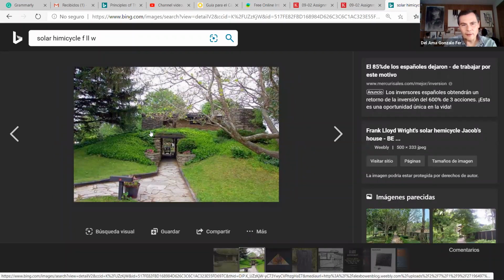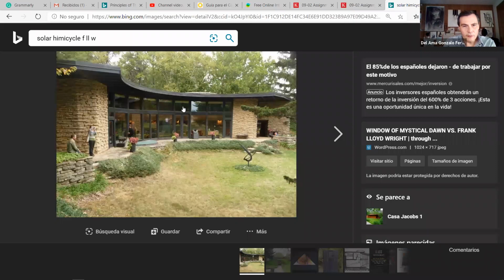On the north elevation, the house is even buried. It has small openings, and the northern wall is not a wall itself. It's just the soil that goes up and covers the house. But then the southern side is like this, with this overhang and a large window here. I think this house summarizes Frank Lloyd Wright's concept.